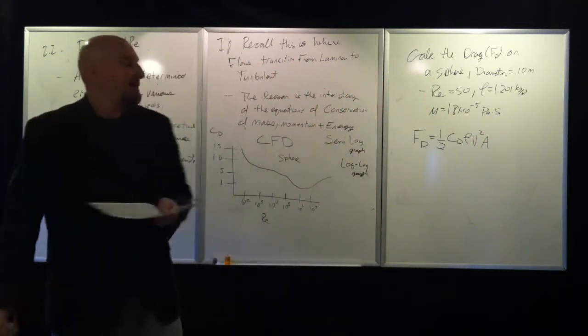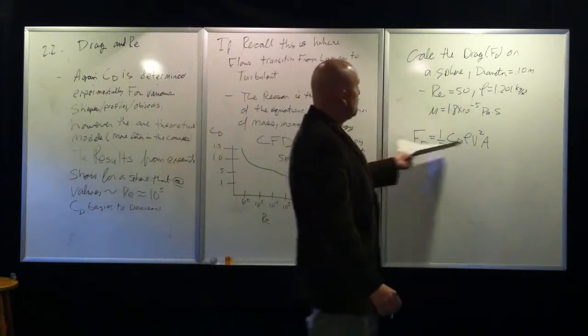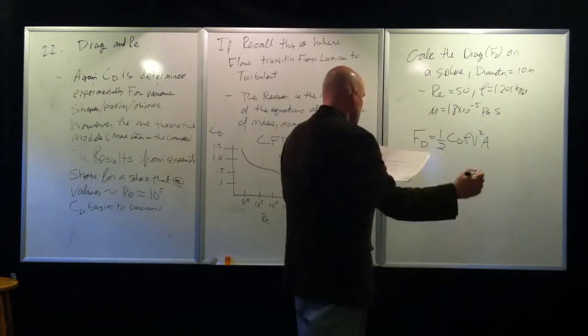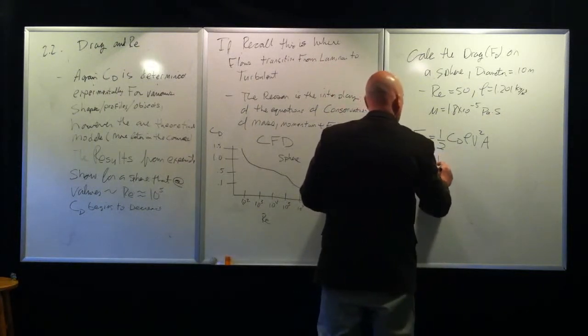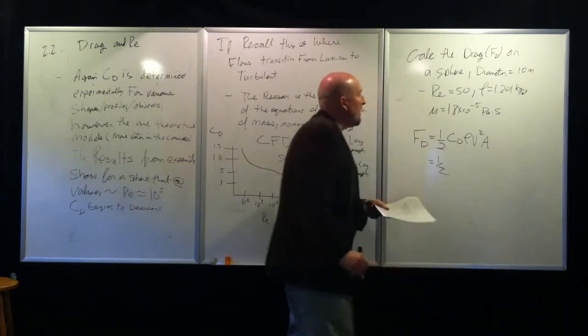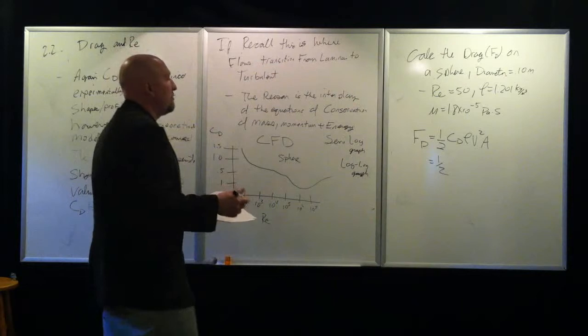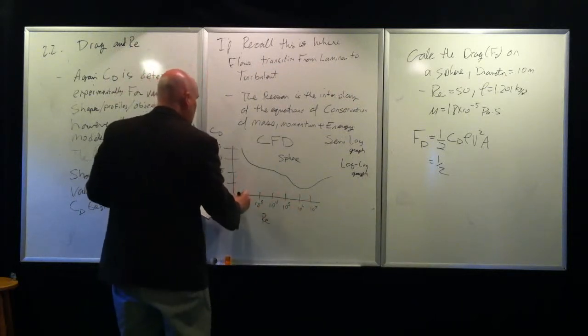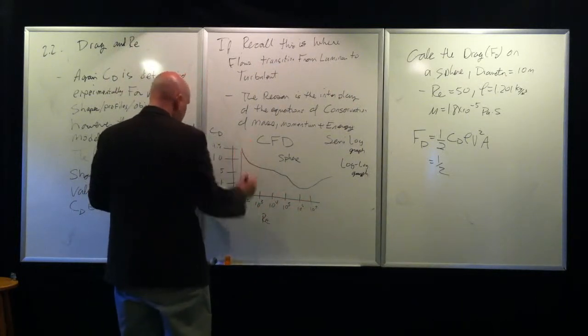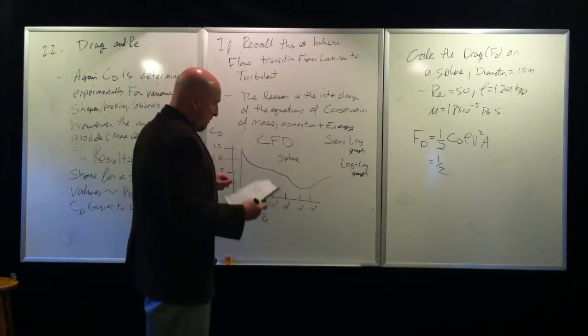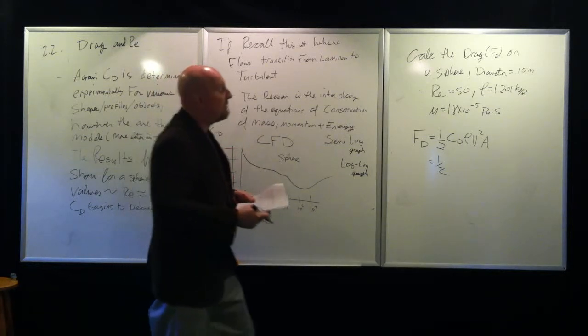Now I have to go through and use what each one of these values are. So, substituting this in, 1/2, the coefficient of drag. Okay, we haven't experimentally determined what the coefficient of drag is, but we have the results here. So looking at where 50 is, reading from our scale, we're at a coefficient of drag of about 1.4.